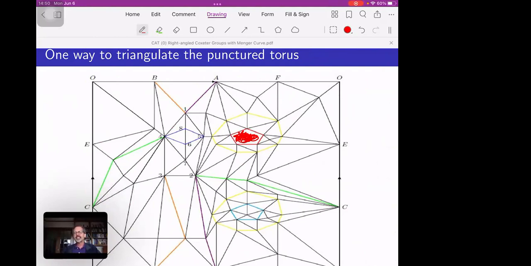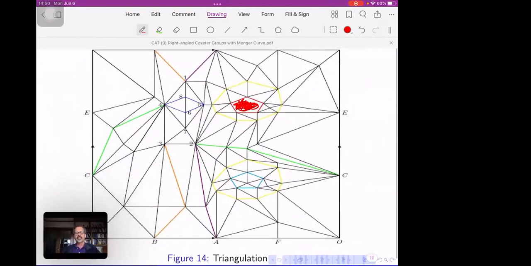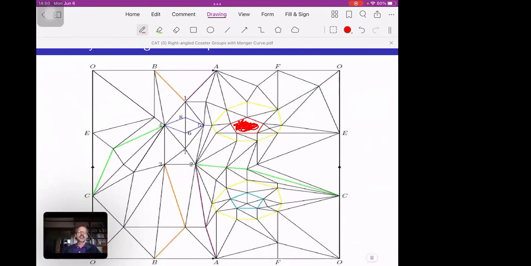Oh, this is non-hyperbolic because this triangulation has some squares in some places, like here. I think there should be a square here. Let me see this picture.